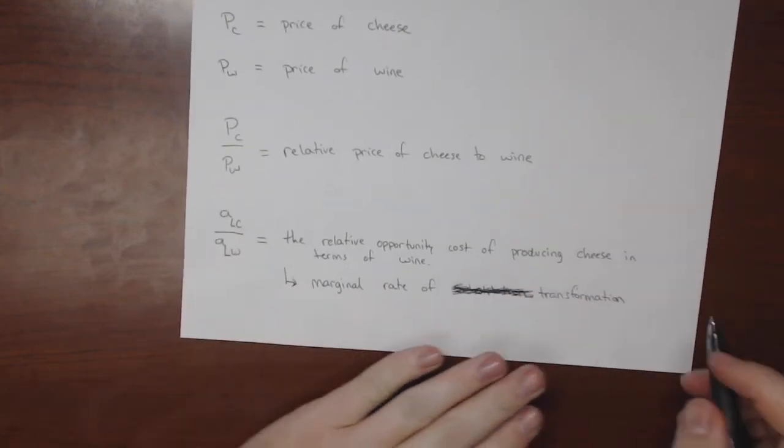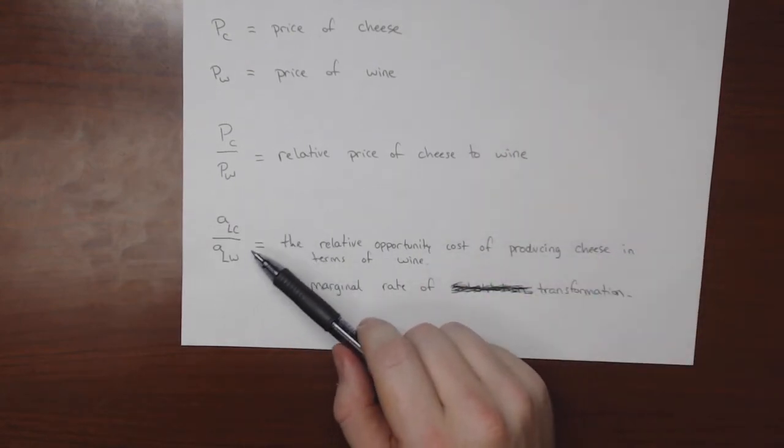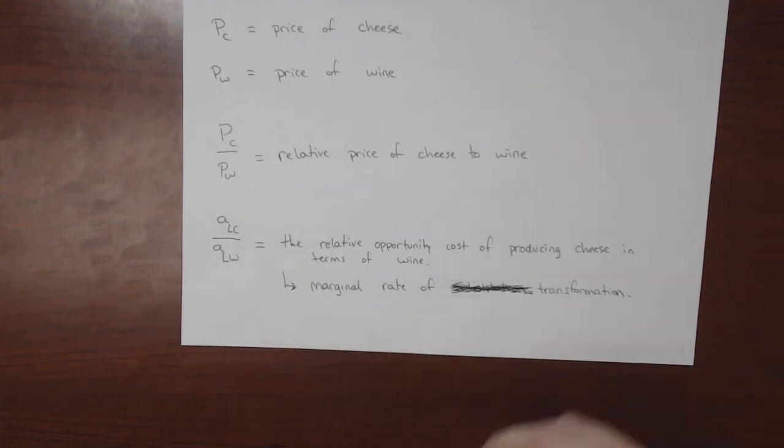Apologies for that. It's the marginal rate of transformation, because it's talking about the marginal rate at which we can transform wine into cheese, or cheese into wine. Okay, and so what it's telling us is basically our opportunity costs.